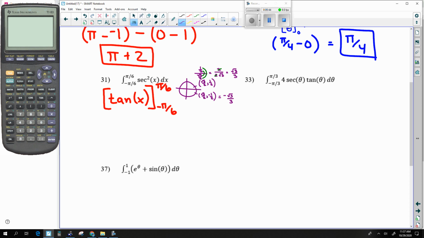All right, so back to the question. So we want to know the evaluation at pi over 6, and so that's square root 3 over 3, minus the evaluation at negative pi over 6, so that's negative square root 3 over 3. And so that is a positive 2 root 3 over 3.